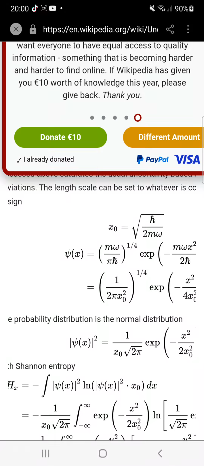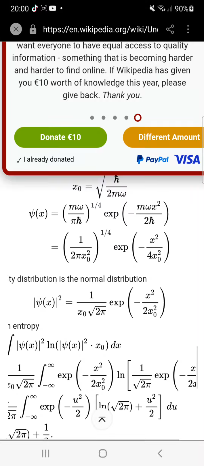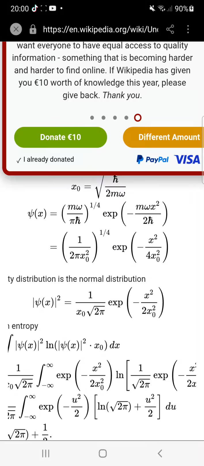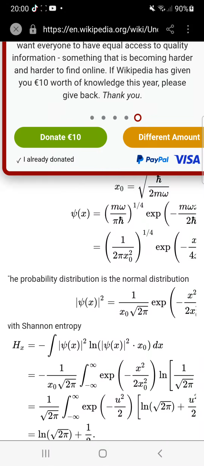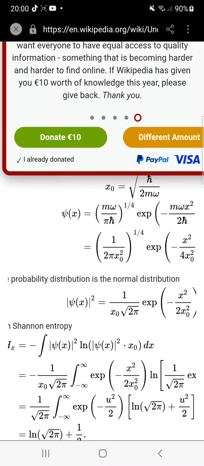The probability distribution is the normal distribution, g(x)² equals 1/(x0 root 2π) e^(−x²/2x0²).